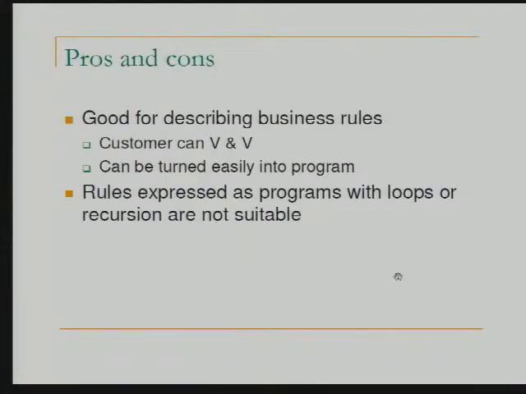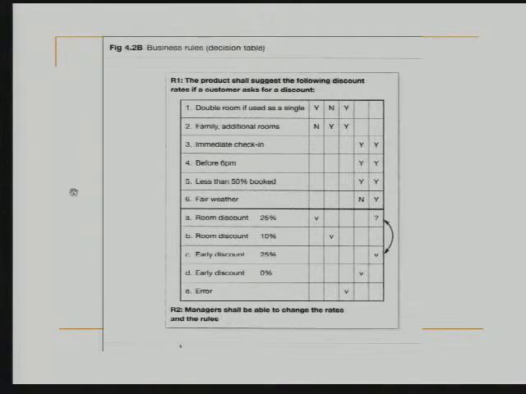The pros and cons for this type of thing, they're good for describing business rules. Decision tables are good for these. For complex business rules, I can do a lot of good verification and validation. In other words, I can much more easily design a set of tests for this, and I can also easily turn this into a software program.